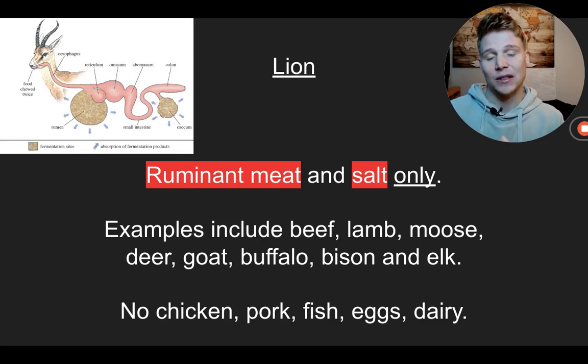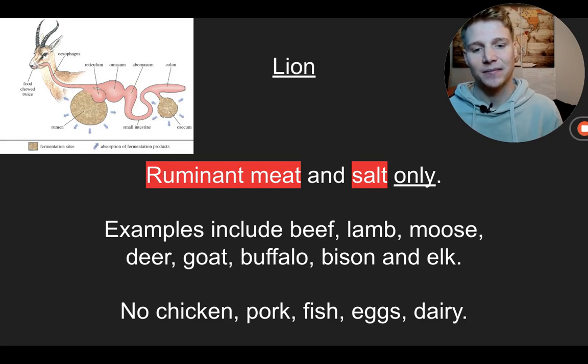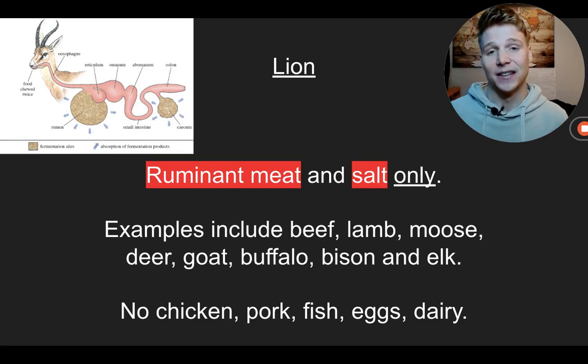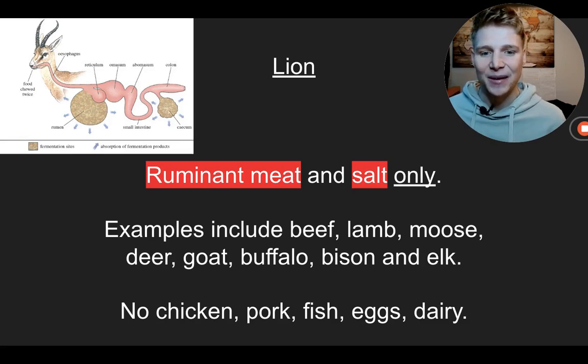Examples of ruminant meat include beef, lamb, moose, deer, goats, buffalo, bison, and elk. These are like the gold standard of things that you can eat on a low carbohydrate diet. And I'd add, the fattier the better. You don't want meat with all the fat cut off, or a 5% ultra lean beef mince, for example.